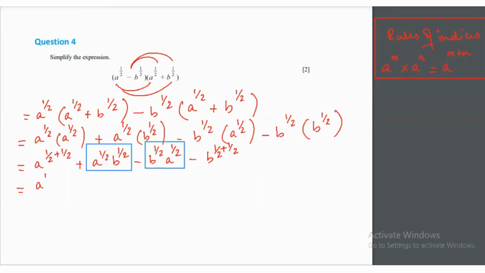As we did last time, like terms can be combined. In this case, one term is positive and the other is negative, and since they are the same term, they get subtracted and the result would be 0. The final result is a minus b.